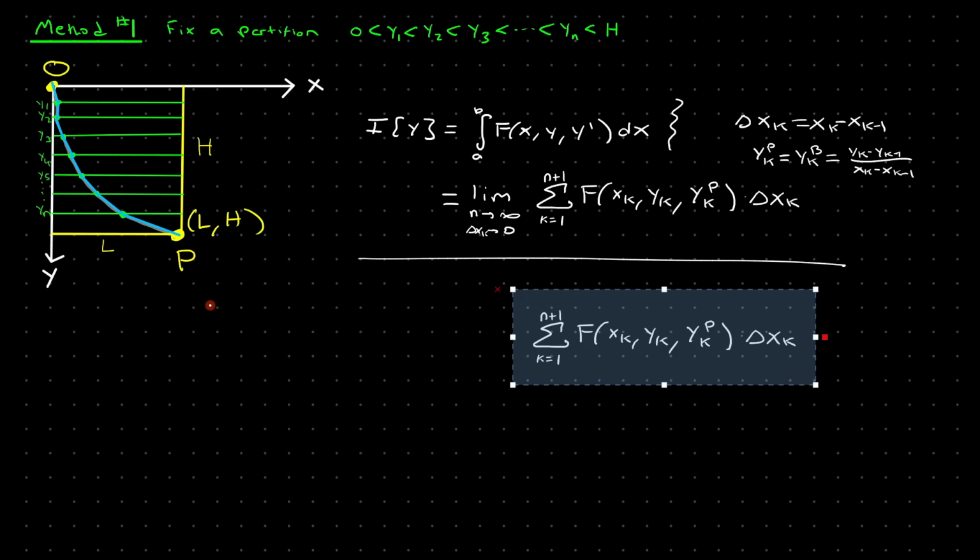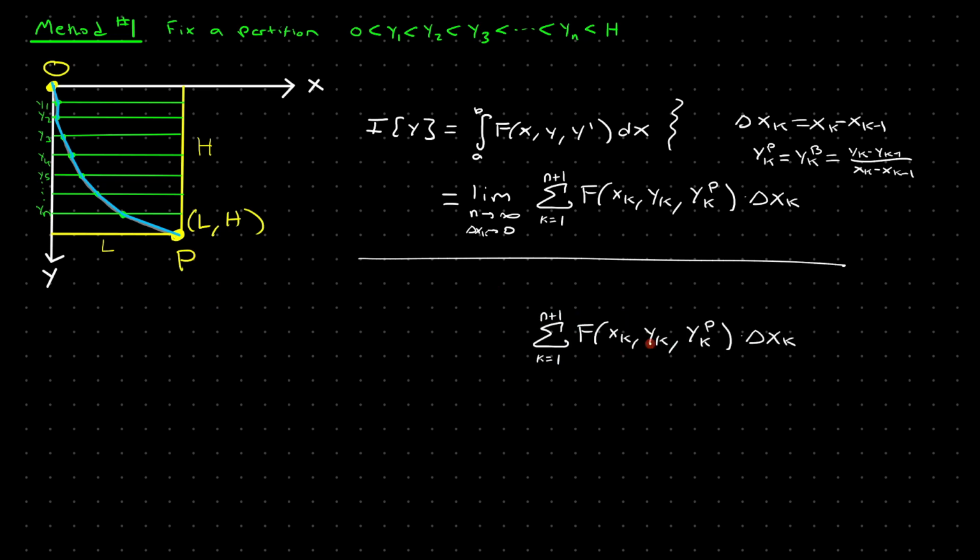And what you want to do is think about what this approximation is exactly in terms of what it's a function of. We've fixed the values of yk, so those are all fixed constant values for a given value of n, but what's variable here is the x coordinate of this approximation.